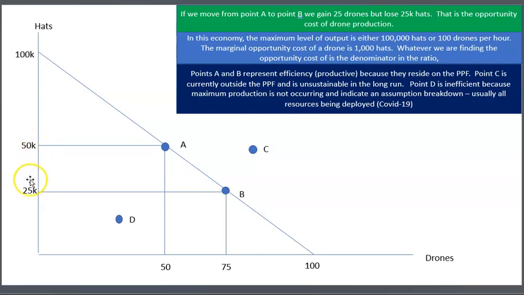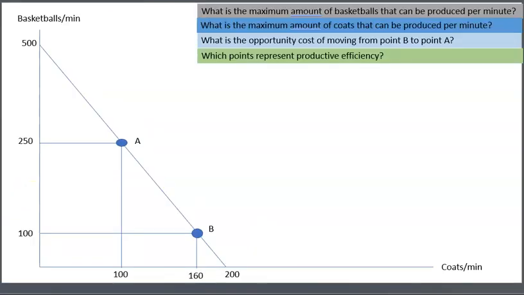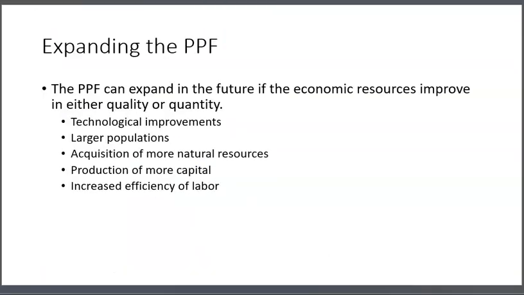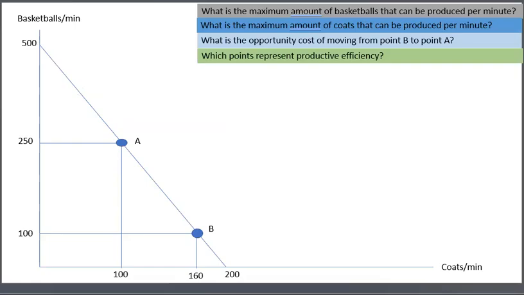The production of 25,000 hats, because when we move from A to B, we gain 25 drones, we give up 25,000 hats.